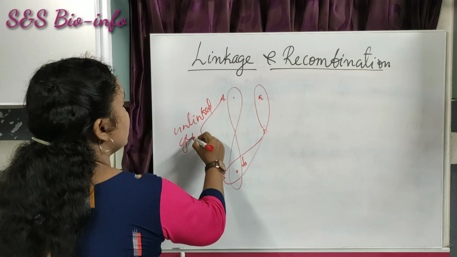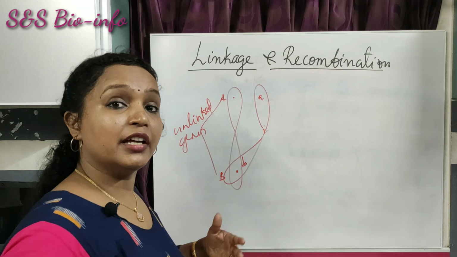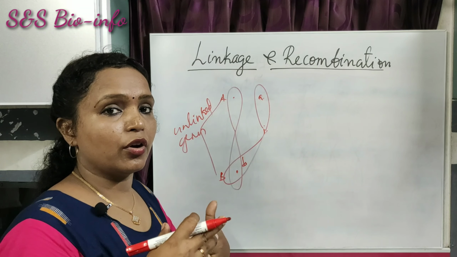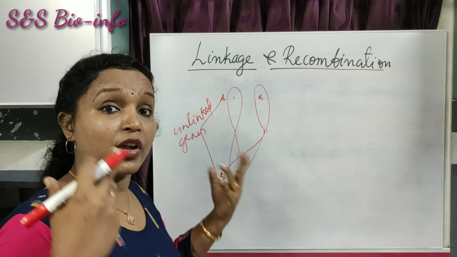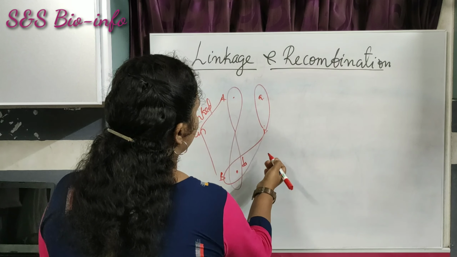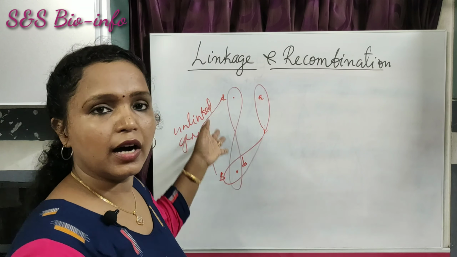Unlinked genes show more chances of crossing over. They will be separated out, meaning there is more chance of getting separated during crossing over. So exchange of genes would happen here in the case of unlinked genes.